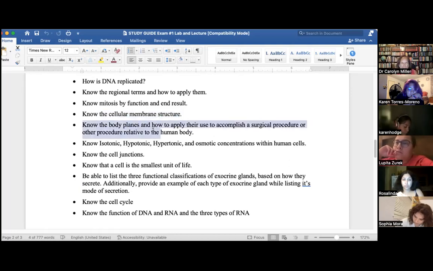Know the body planes and how to apply them for a surgical procedure relative to the human body. To amputate an arm, parasagittal. To amputate a toe, frontal. To amputate a leg, transverse. And don't forget, if I say I carve something, a Thanksgiving turkey, into equal left and right halves, and ask you if that's a sagittal cut.